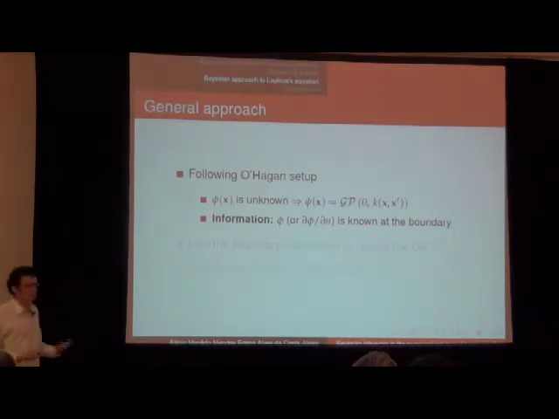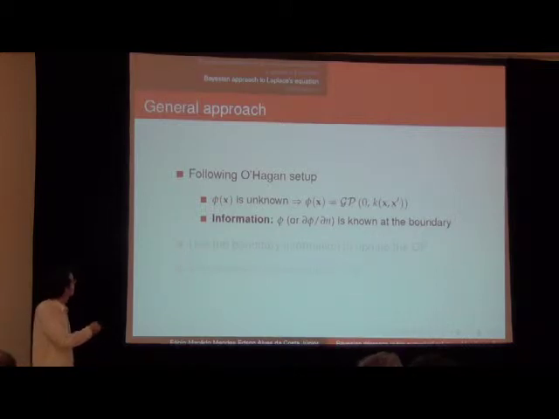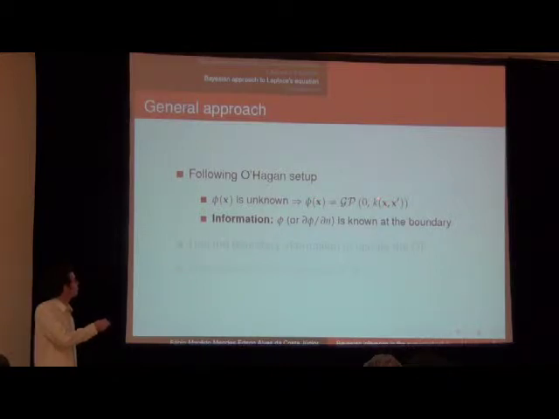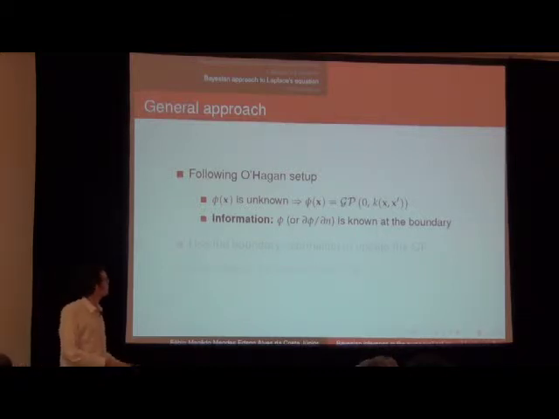So here is the approach I'm going to take. We have, of course, to infer this function, this phi of x, which is unknown. Since it's unknown, we assign a probability. I'm assigning a Gaussian process with zero mean, which is just for convenience.